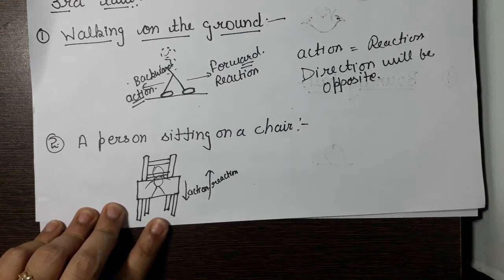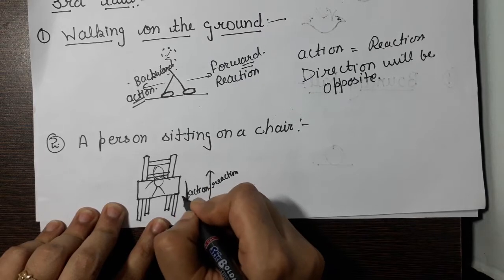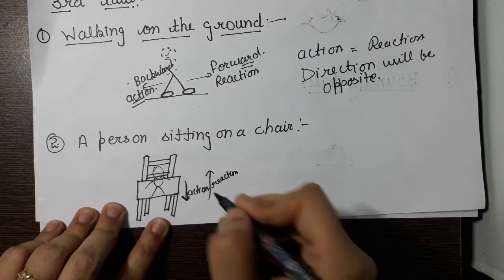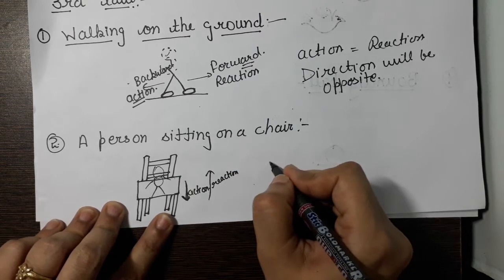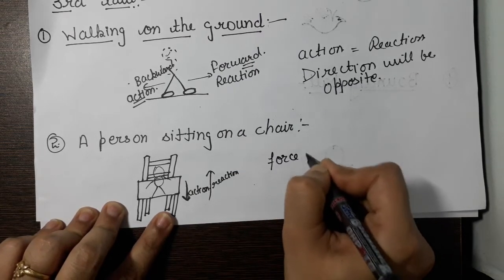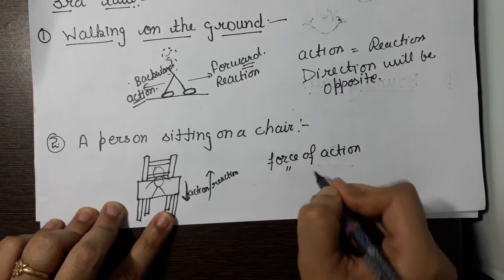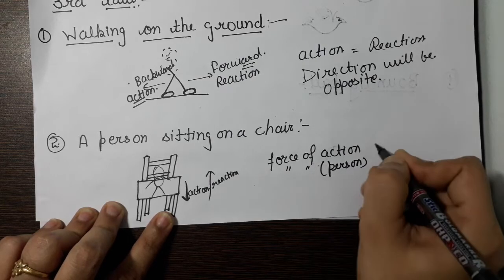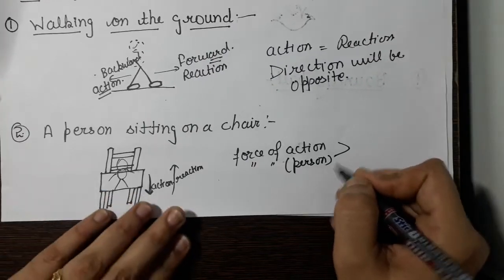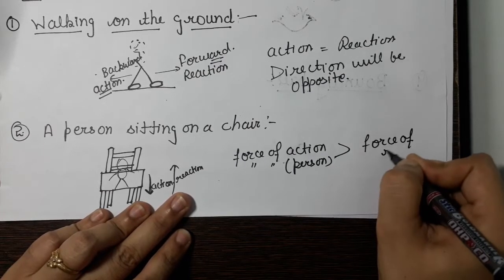Now a question comes: what will happen if the force exerted by the person is more than the force exerted by the chair? That is, if the force of action, the force exerted by the person, is more than the force of reaction, the force exerted by the chair.